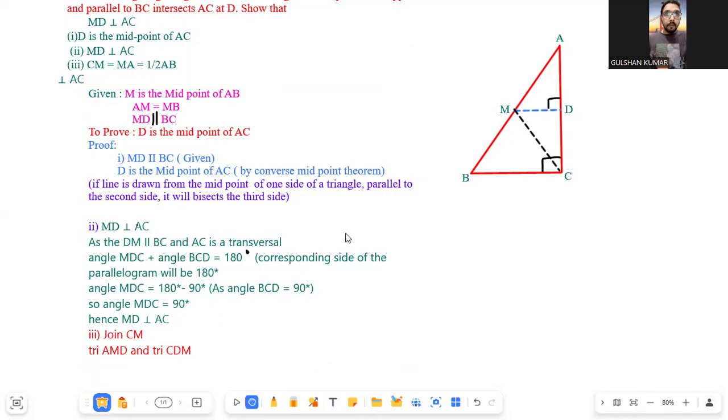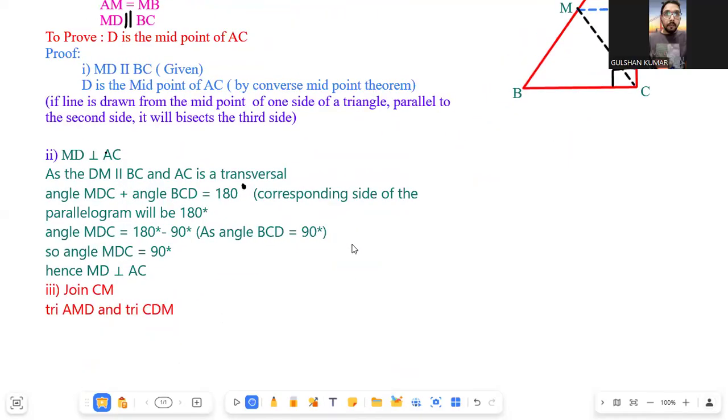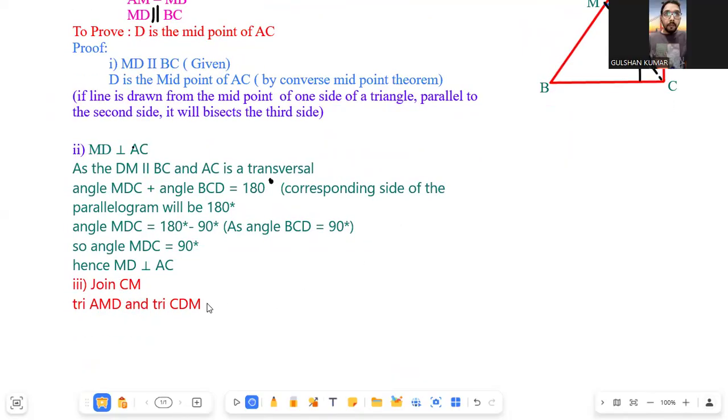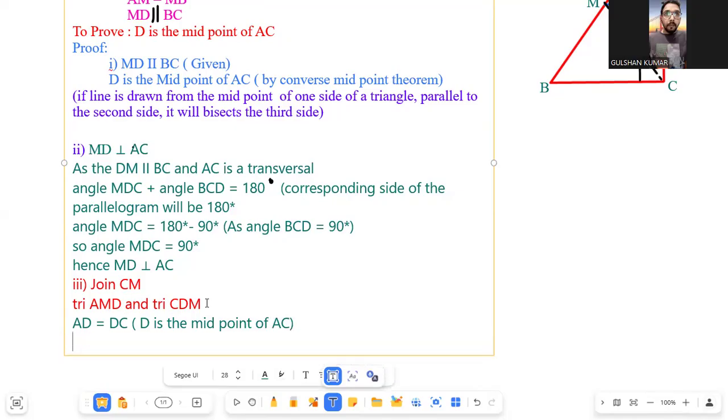Okay, so we have to put it over here so that we can clearly understand what we have to write. Now, triangle AMD and triangle CMD. AD equals DC, as D is the midpoint of AC, that is clear here.